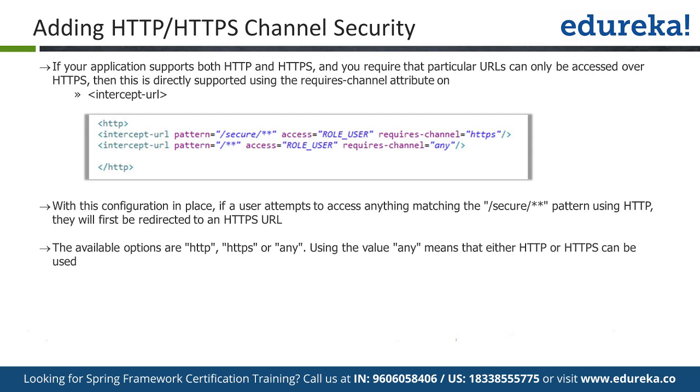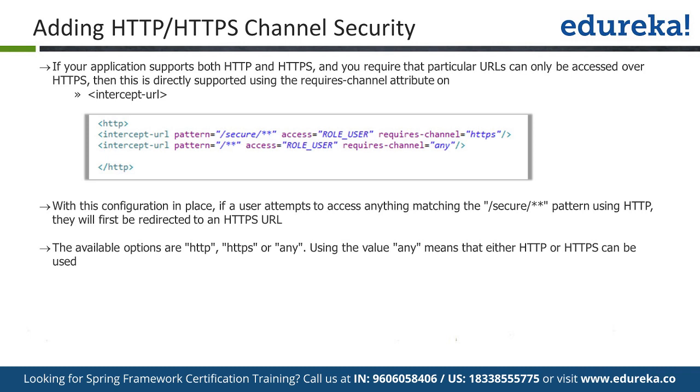You can configure it using pattern, access, and the requires-channel attribute. The requires-channel attribute can take parameters as http, https, or any. This way you can add another level of security on your application, where you can explicitly mention in your configuration file that certain pages or URLs can only be accessed over the secured HTTP protocol, that is HTTPS.